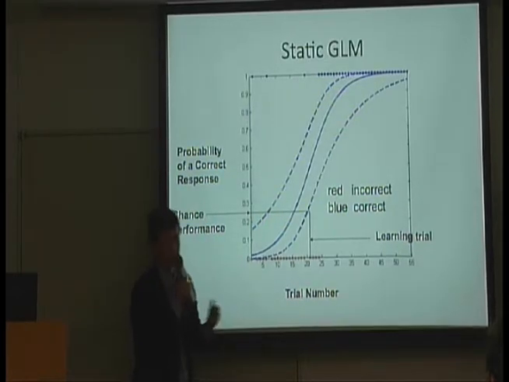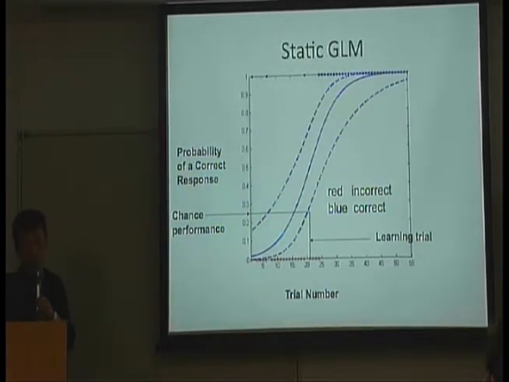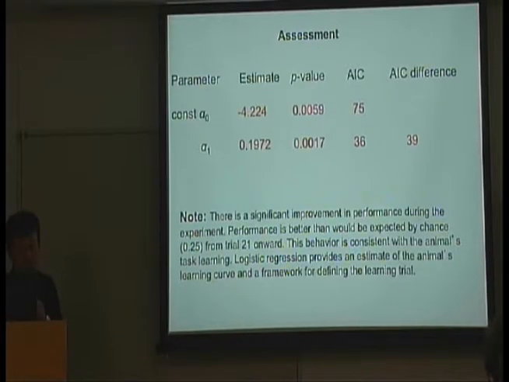It's a statistical criterion. However, this is a monotonic increase. You can also do the standard model assessment and compare the AIC and the p-value, things like that. Even for this simple model, it's consistent with the behavior data. The question is, can you do better?